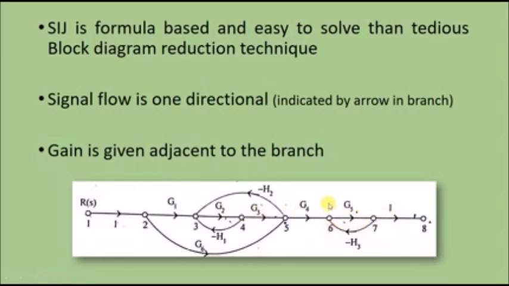We also have feedback loops, minus H3, minus H2, minus H1, and this is also a forward path, G6, right? Minus H1 indicates it is a negative feedback. So you can see from point A to point B, the direction will be to the right. That means the signal is traveling from point 1 to point 2.